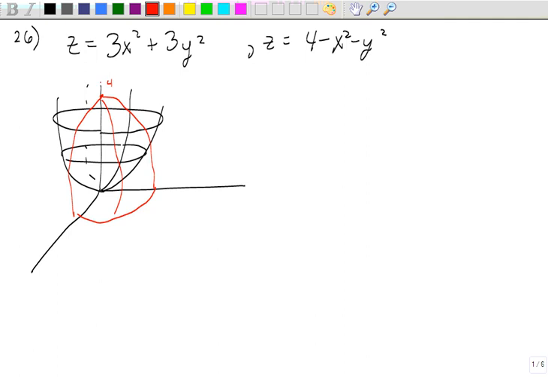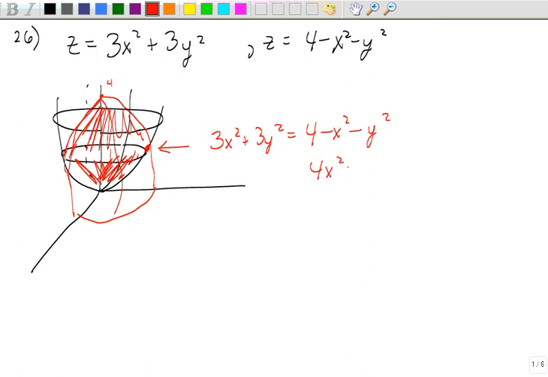So it's going to intersect there. I have this, the intersection of those. It's going to look kind of like an egg. Now, right where they intersect, I'm going to get 4x squared plus 4y squared equal 4. x squared plus y squared equal 1.